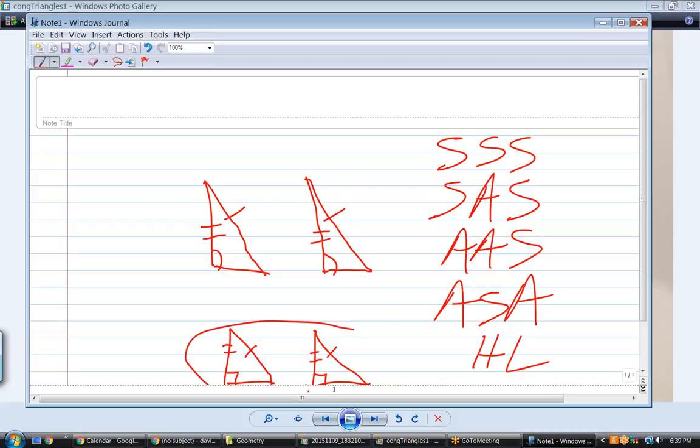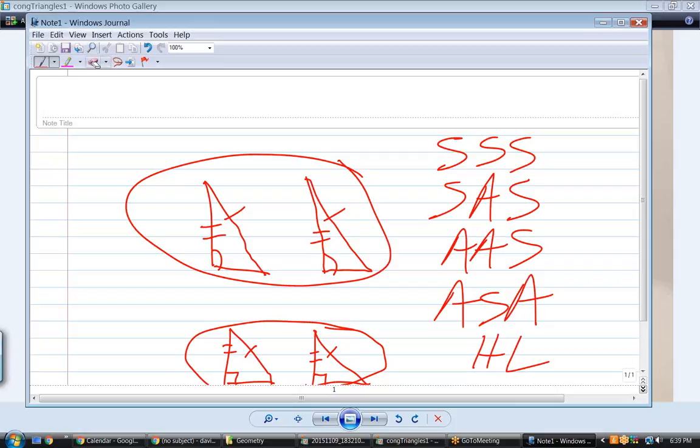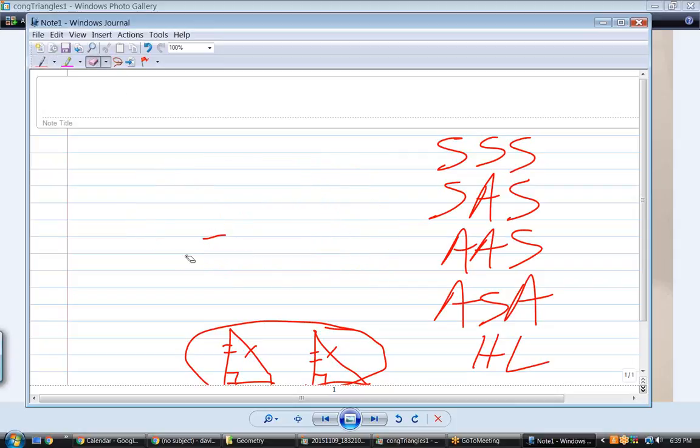For some reason they don't list SSA as one of the postulates. I don't believe they do. Maybe they do. But SSA is only congruent if it's obtuse.